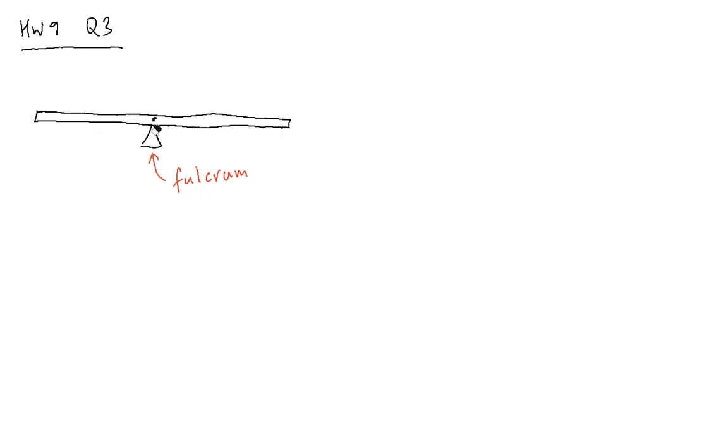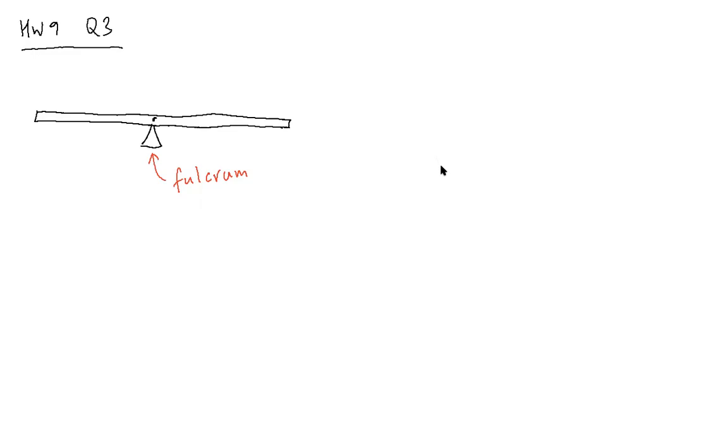So that R, that lever arm, is 0, and so there's no torque due to the earth's gravity. If you just left the seesaw like this, it would just sit there balanced, and that would be static equilibrium.